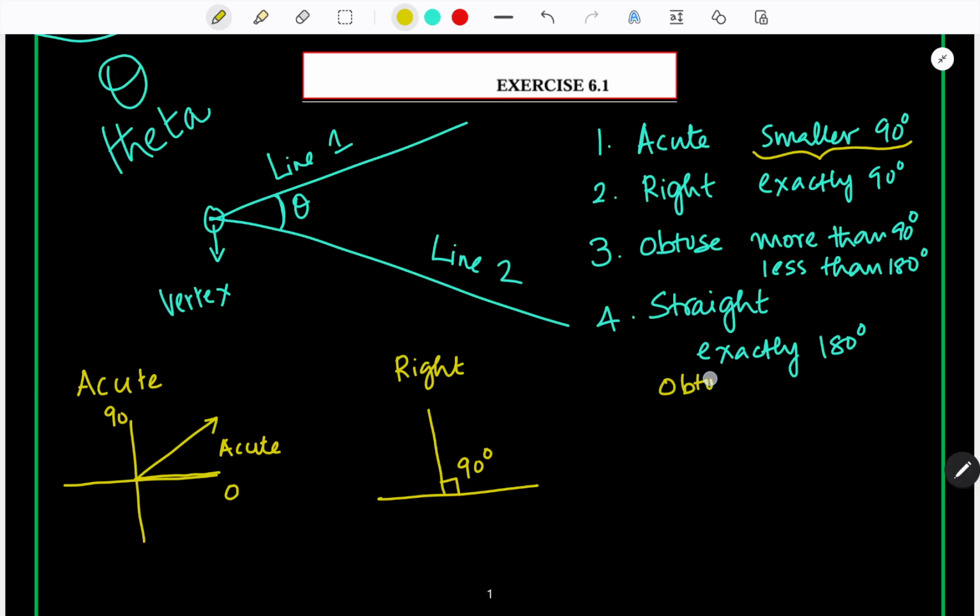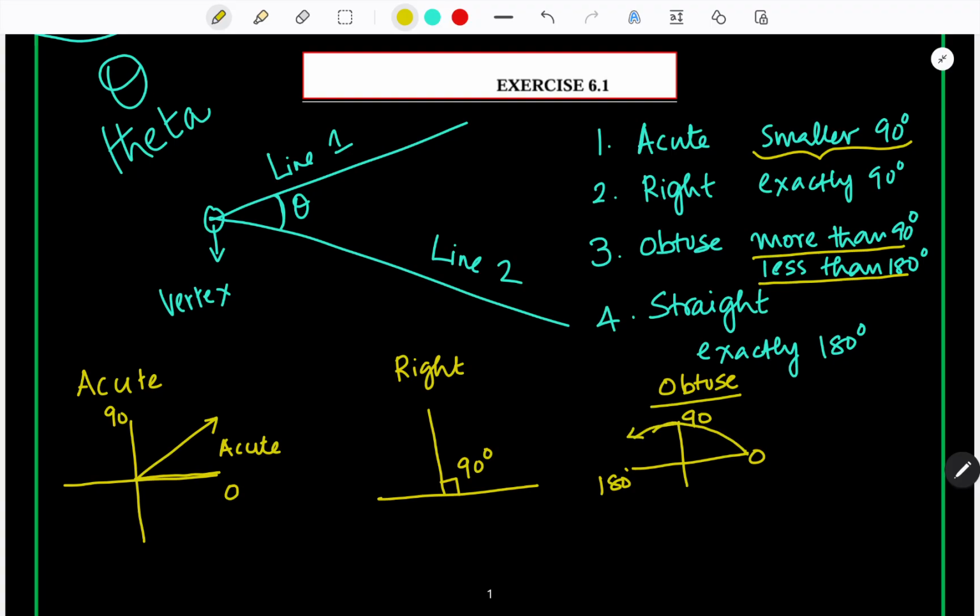Next, obtuse angle. What do you mean by obtuse angle? I said more than 90 and less than 180, right? So this is your 0, this is 90 and this is 180. So it should be in this space. It is more than 90, so it should go here.